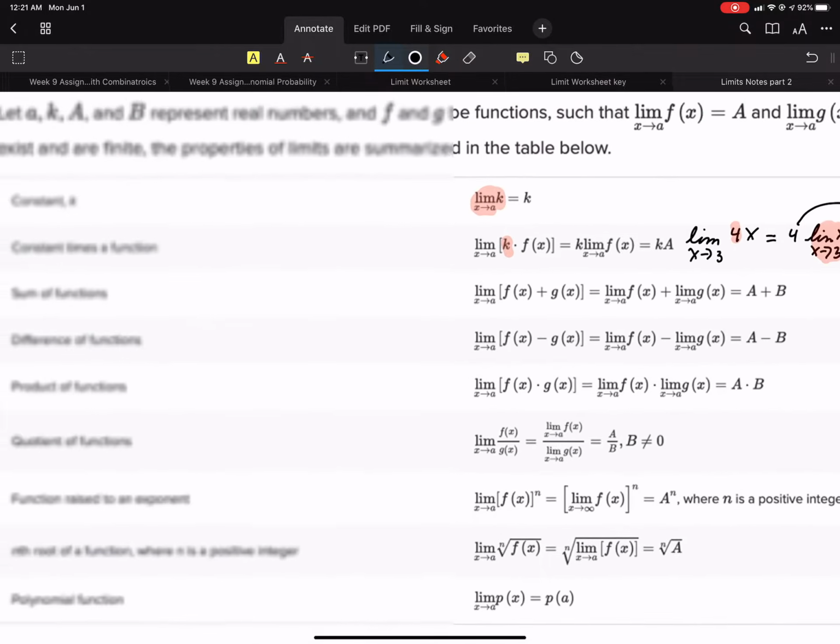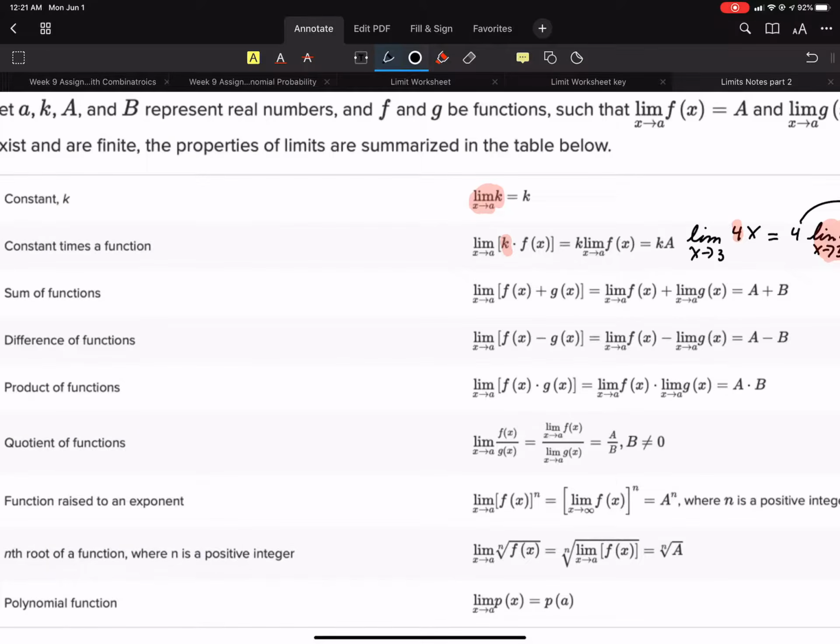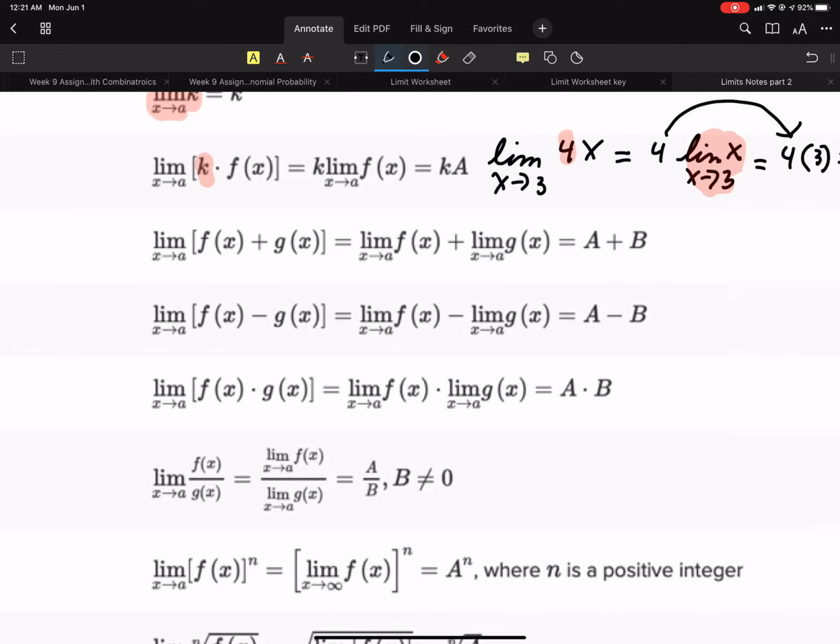The next two are the sum and difference functions. So you have a limit of two functions being added. All they're saying is you can take the limit of the first function and you can take the limit of the second function separately and add those two limits together. Similarly for subtraction, you take the limits individually and then subtract. Similarly for multiplication, you take the limits separately, then you multiply.